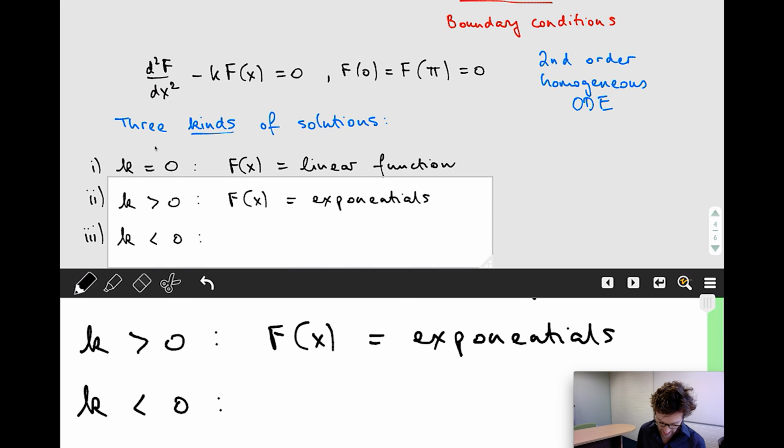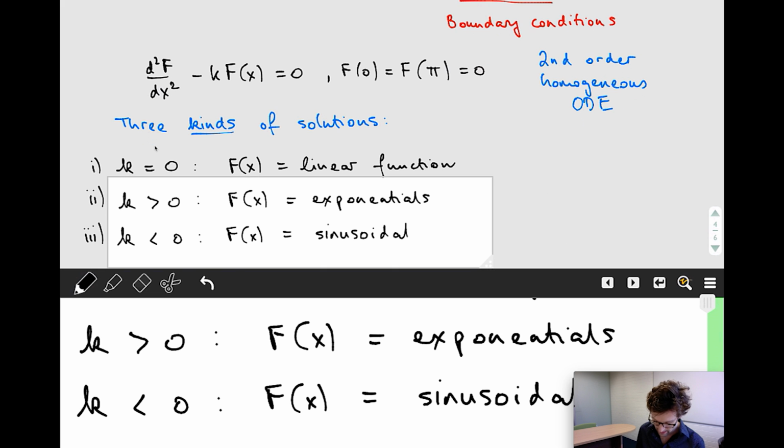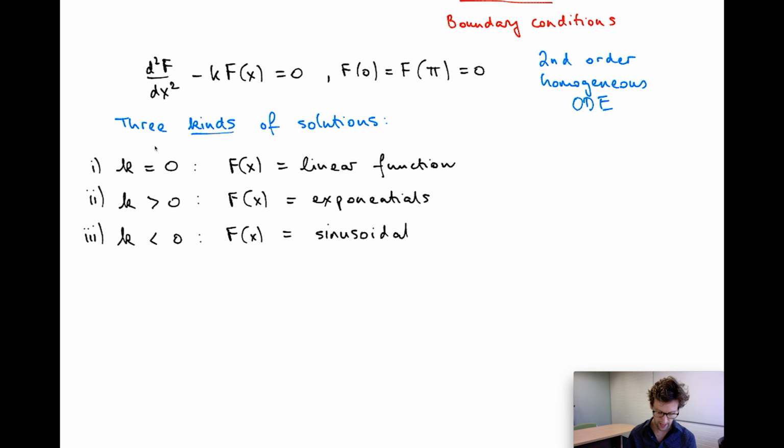And the case of k negative is going to give me f of x equal to sinusoidal functions, cosine and sine. So we're going to tackle each of those cases one at a time: k equal to 0, k greater than 0, and k less than 0, and apply our boundary conditions to see if those solutions actually make sense.